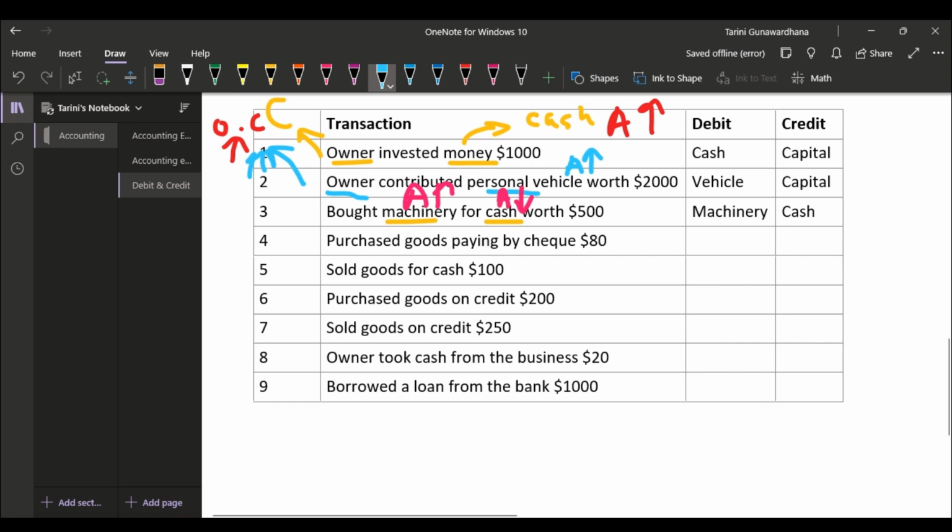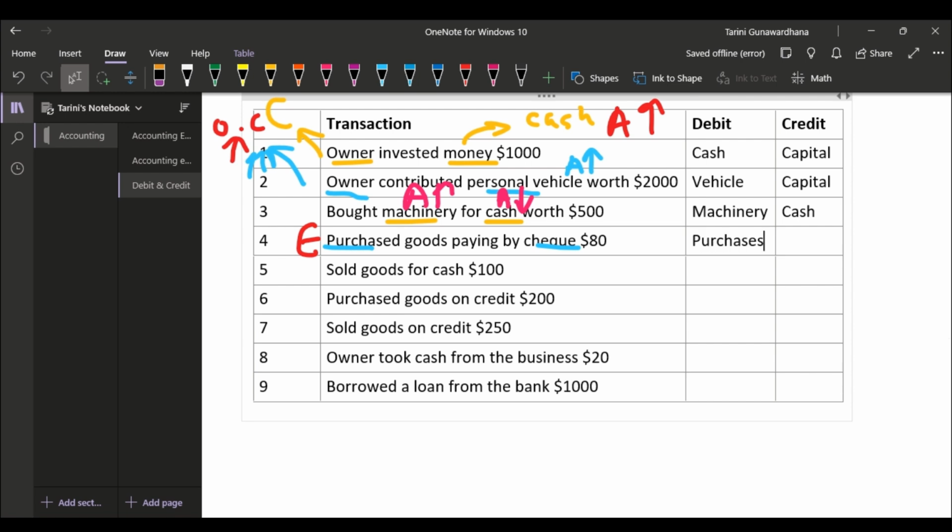Then purchased goods paying by check. Remember, purchases is considered an expense, right? So you purchased goods and the account is an expense account. Remember, an expense will be on the debit side. If there is an expense, it's debited. So the account debited will be purchases.